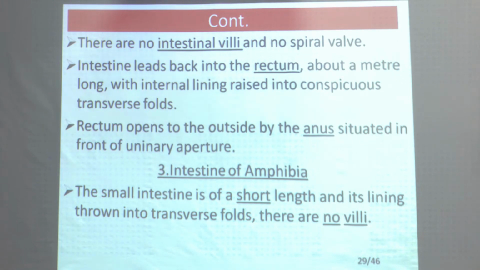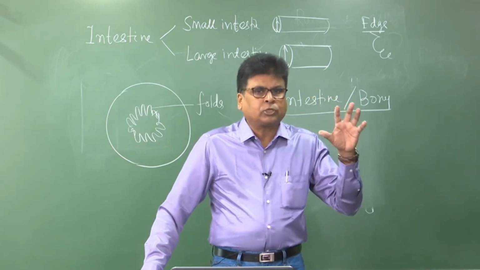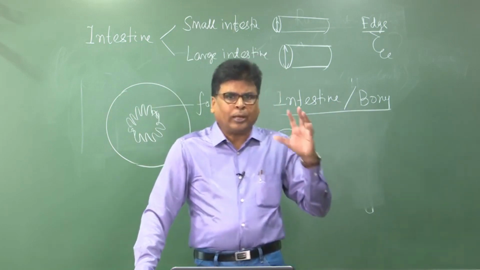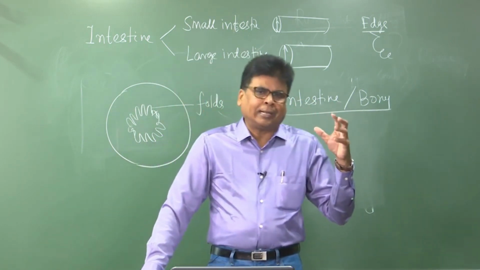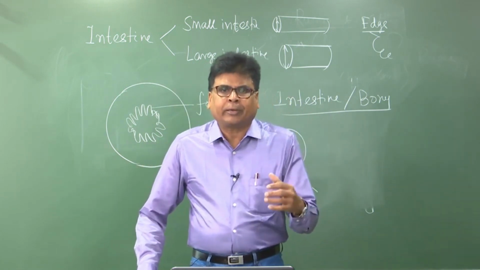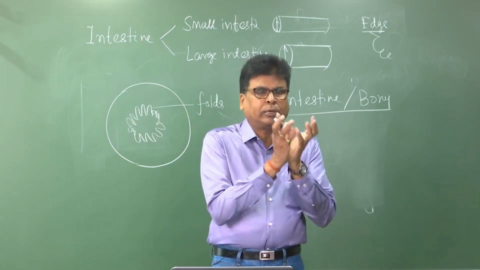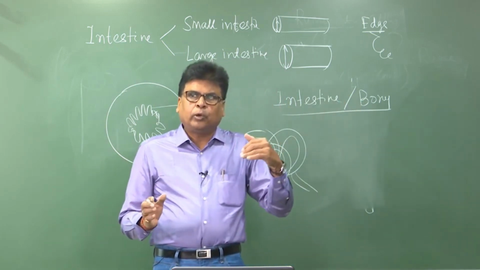And finally, the rectum opens to the outside by the anus situated in front of the urinary aperture. So, my dear student, remember, in case of cartilaginous fishes, this is known as cloaca, because cloaca is a common aperture where the urinogenital opening and the opening for the alimentary canal remain in one place.